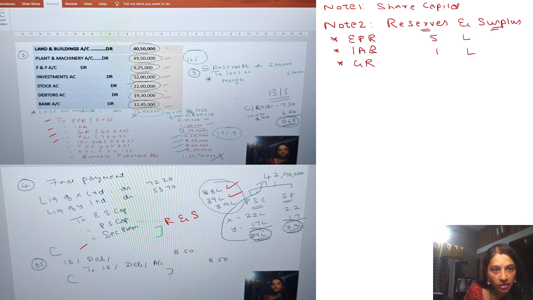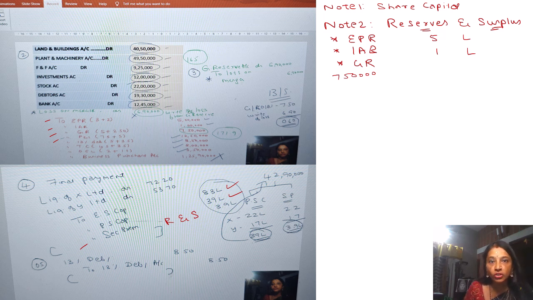Now remember, in total you had 7,50,000 as per your second entry.